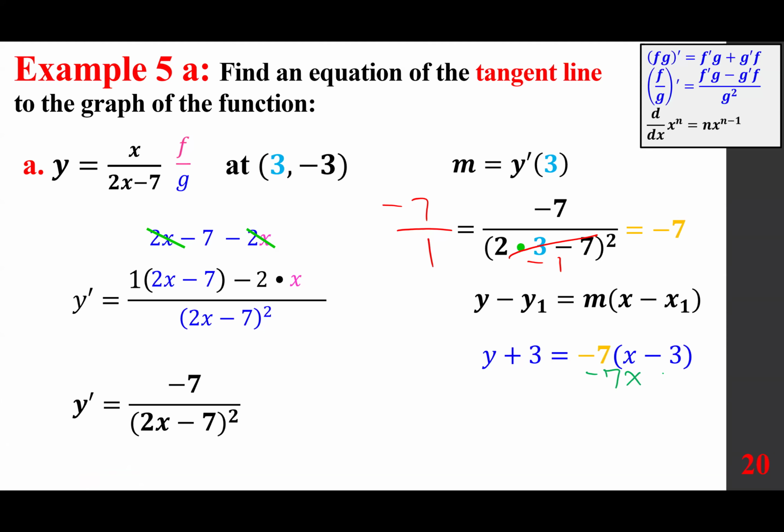Distribute: minus 7x plus 21. Move the 3, make it negative 3, and y becomes minus 7x plus 18.